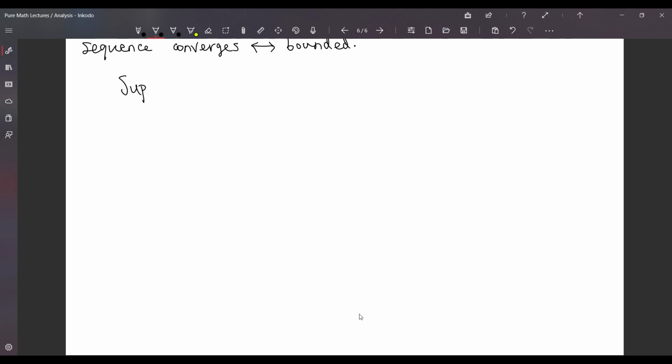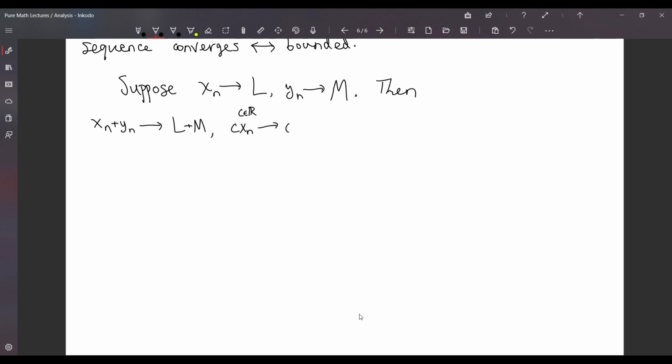So, suppose I have two sequences, x sub n, which converges to L, and y sub n, which converges to M. Then the sequence formed by x sub n plus y sub n converges to L plus M. The sequence formed by multiplying x sub n by some real number C converges to C times L. The sequence formed by multiplying x sub n and y sub n converges to L times M.